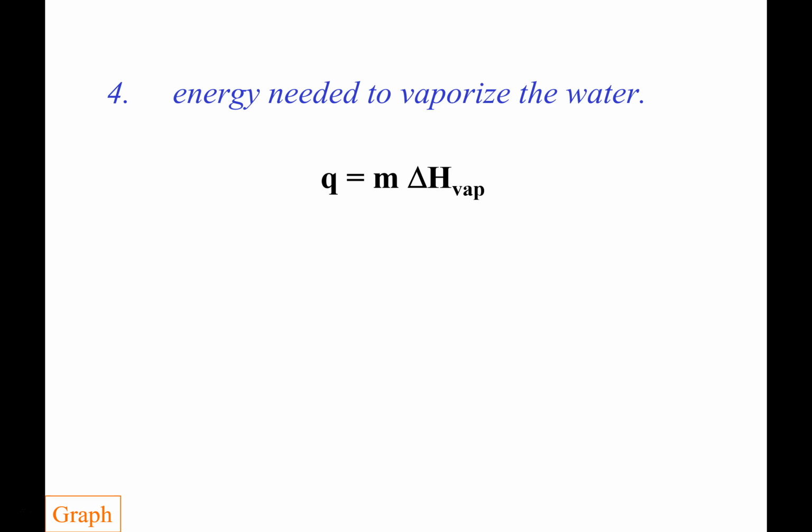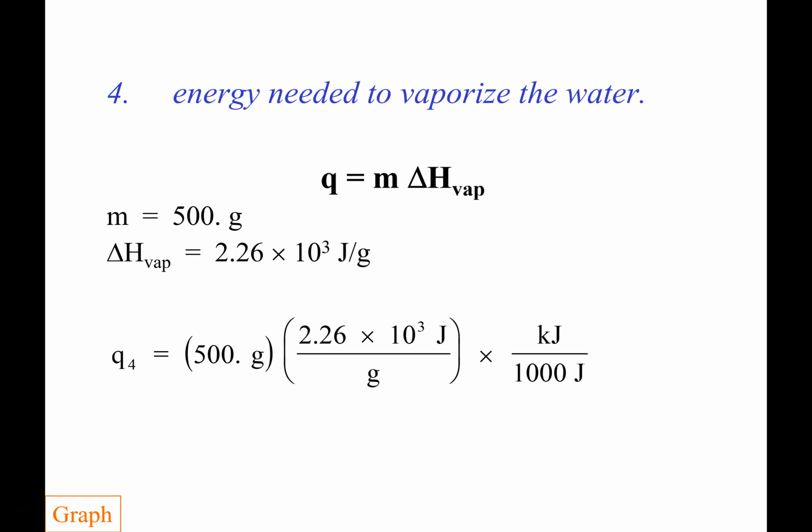So we look it up for water, and the heat of vaporization for water is 2.26 times 10 to the third joules per gram. So it would look like this.